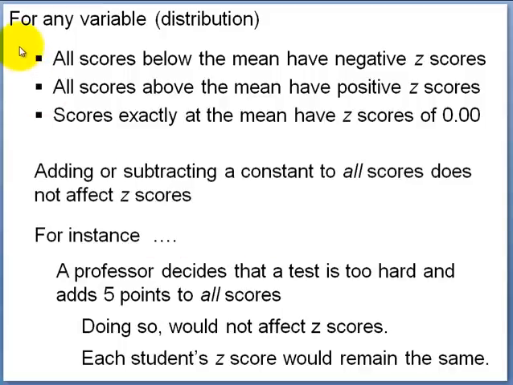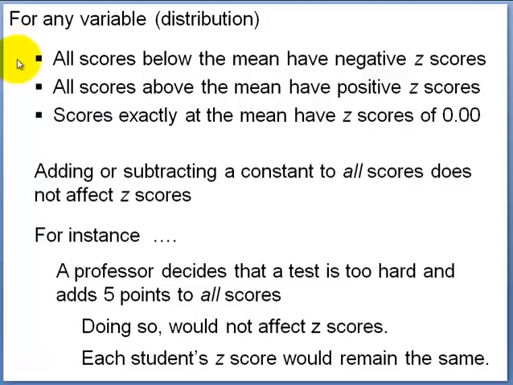So let's learn some more about z-scores. We were talking at the end of the prior video about the normal distribution, but I do want to make it clear that z-scores can be computed for distributions of any shape. It goes without saying that we need to have a distribution for a numeric variable, but we don't need to have a normal distribution in order to compute a z-score.